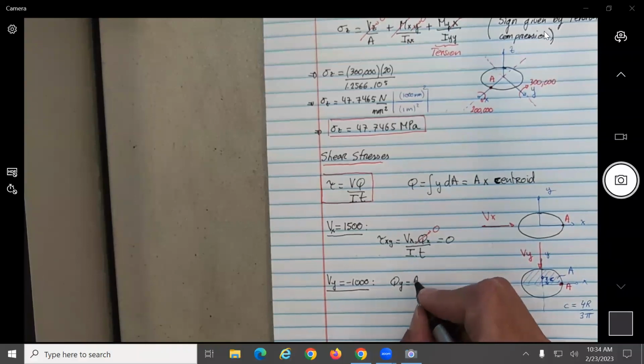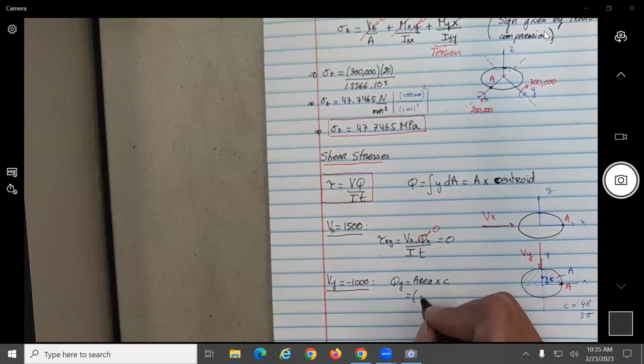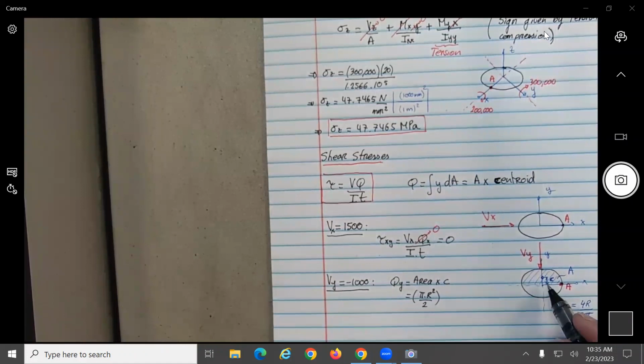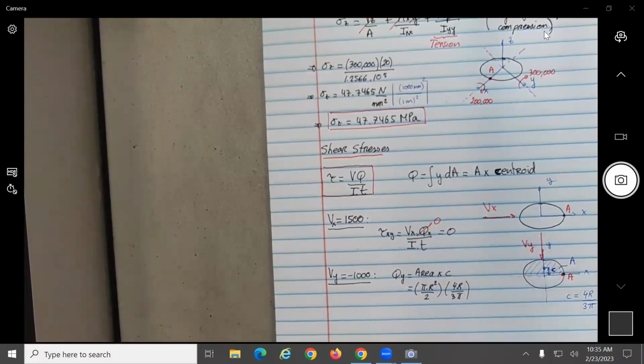Will be L times the C, which will be equal to pi R squared divided by 2 times the distance to the centroid of that area, which will be 4R over 3 pi.